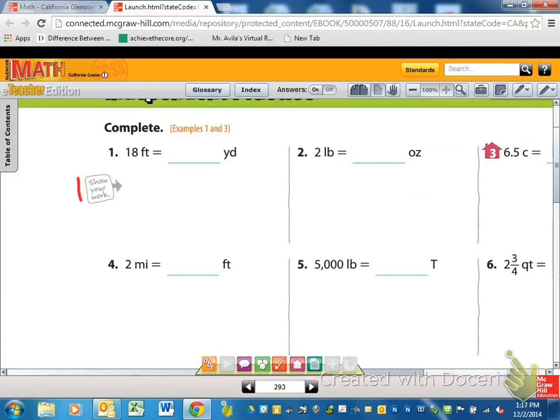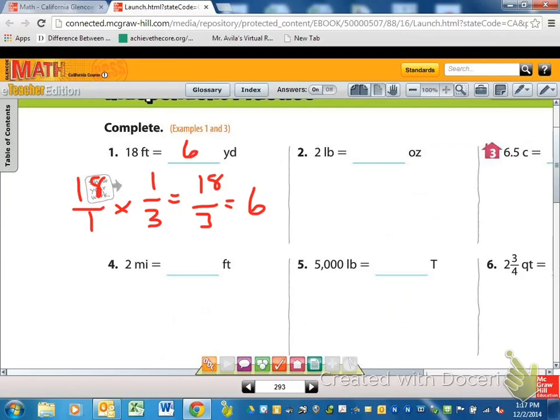So this is going to be 18 over 1 times 1/3, which is going to be 18 over 3, and 3 goes into 18 6 times. So my answer is 6 yards.